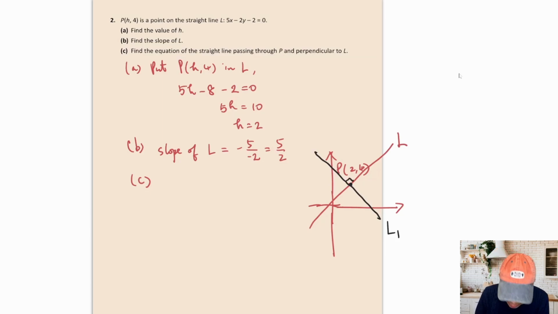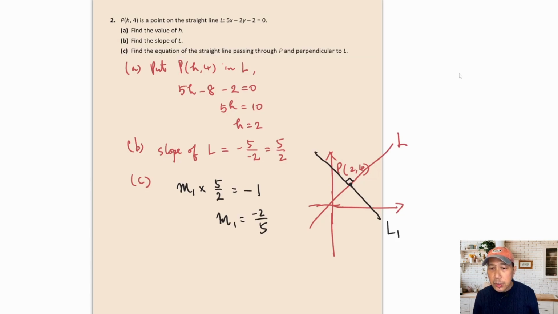So we can see that the product of these two slopes is negative 1 because they are perpendicular. So we know that m1 is negative 2 over 5.